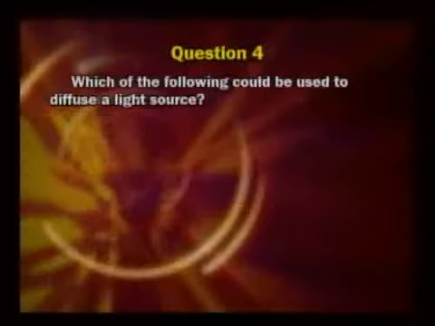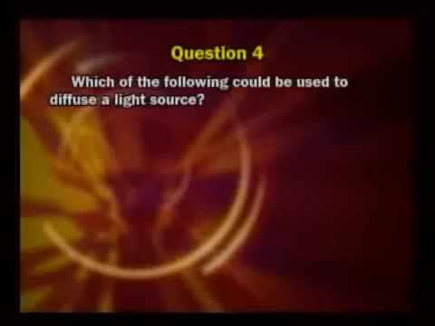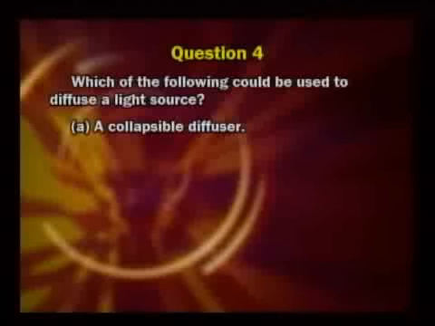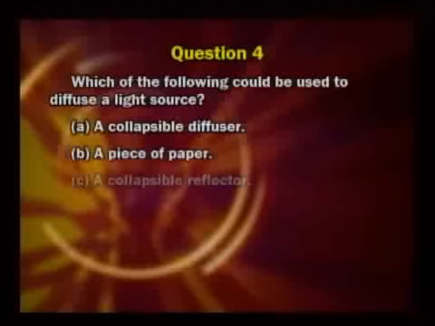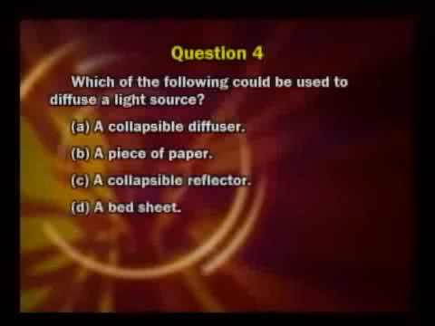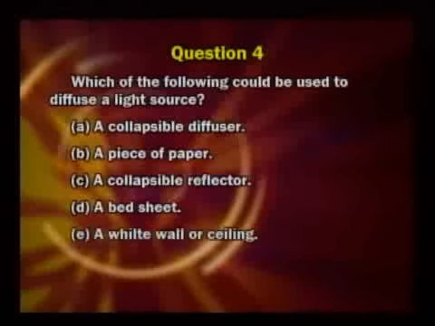Moving on to question number 4. Which of the following can be used to diffuse a light source? A, a collapsible diffuser. B, a piece of paper. C, a collapsible reflector. And D, a bed sheet. Oh wait, and we have an E on this one. A white wall or ceiling. What can be used to diffuse a light source? Everything. Nice spelling of white, Brent.